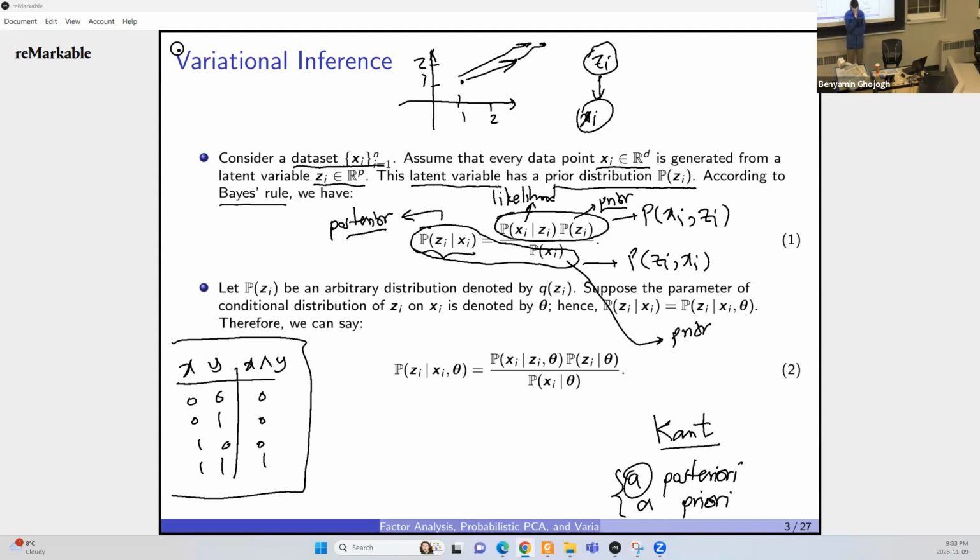Kant has 3 critics. The first critic is the critic of pure reasoning. The second critic is, I think, of empirical reasoning. I'm not sure about the name, but something about this. The third one is the critic of, I think, judgment, something like that.